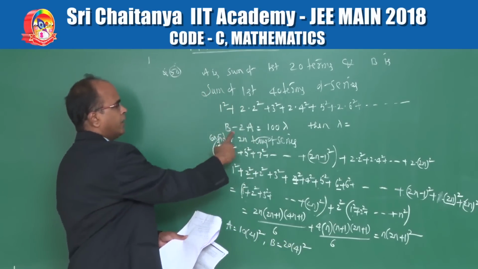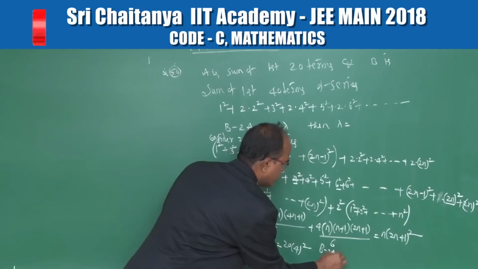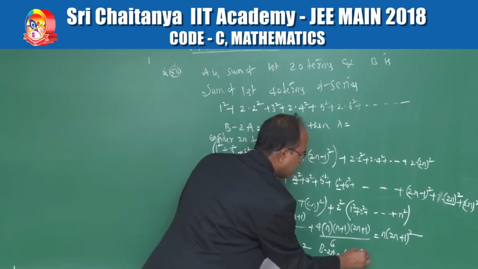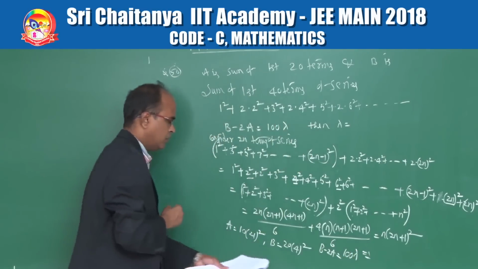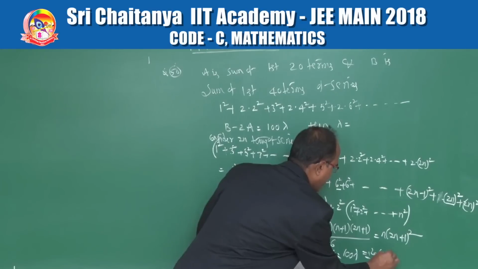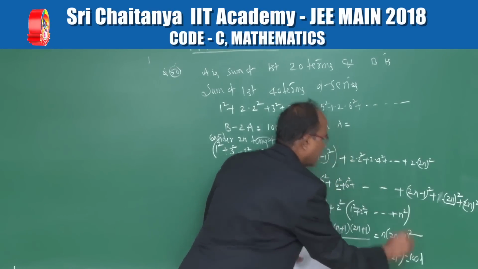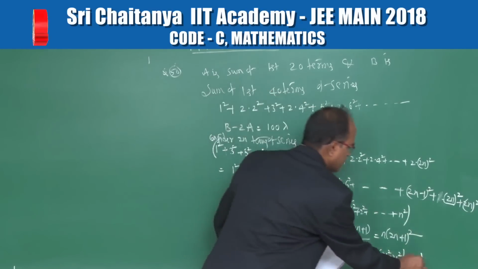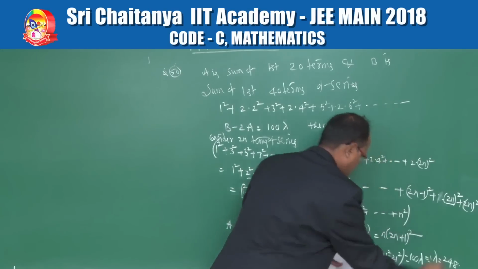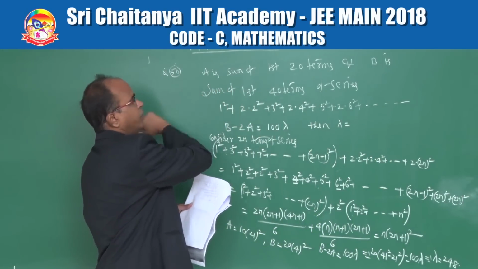And now we can calculate B − 2A, which is given to be 100λ. By substituting B and A, we get 20(41² − 21²) = 100λ, and calculating will give us λ equal to 248.